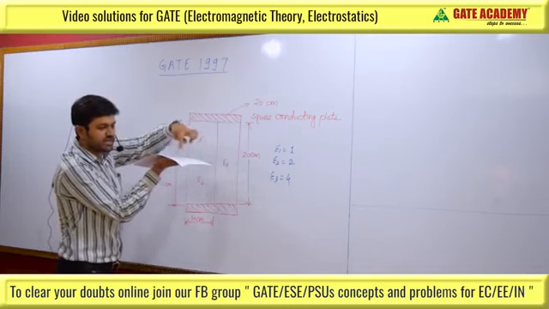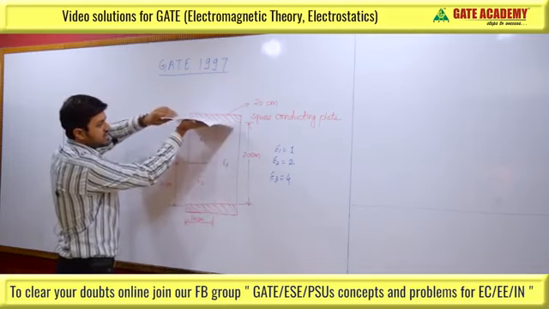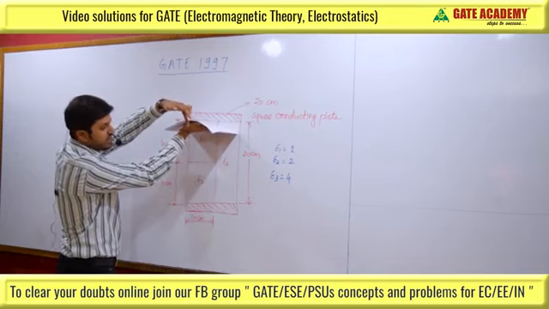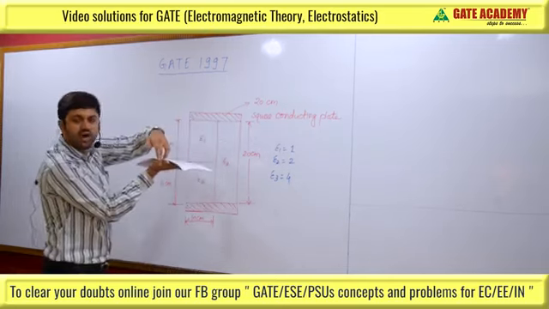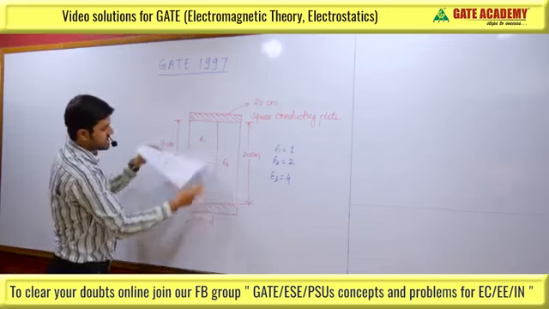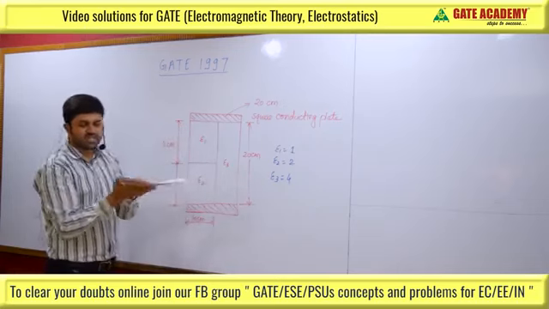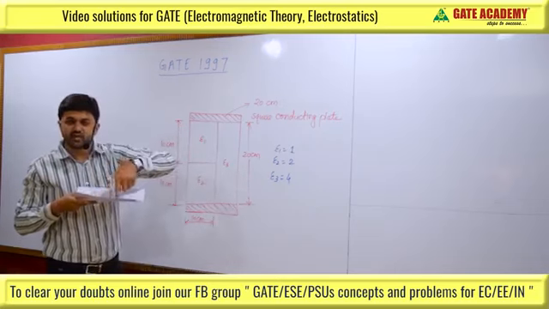We know that this is 20 and this is 20, so this plate we are dividing into two equal halves.